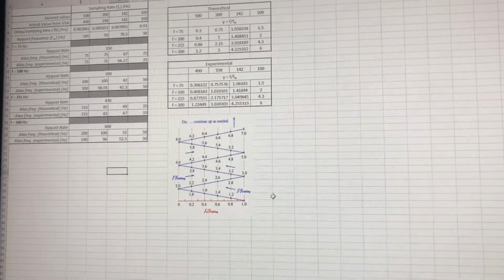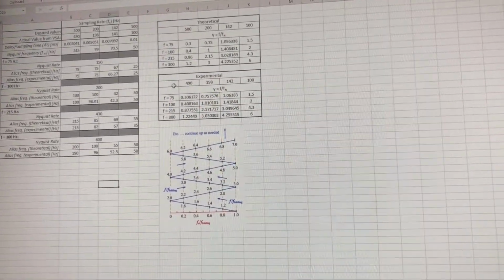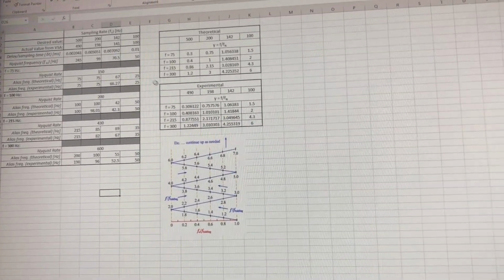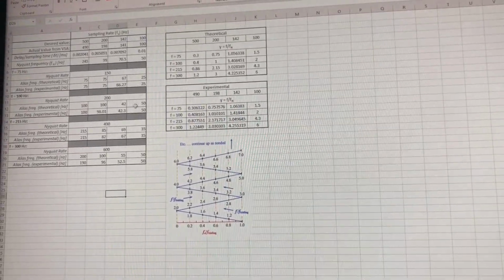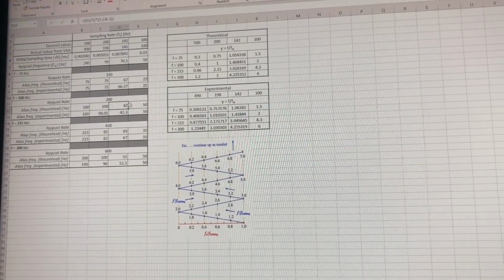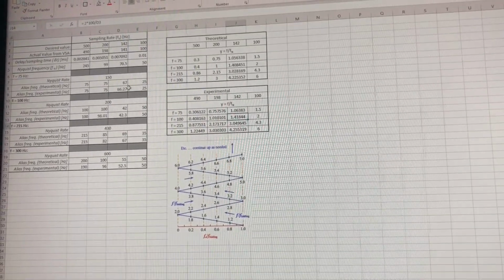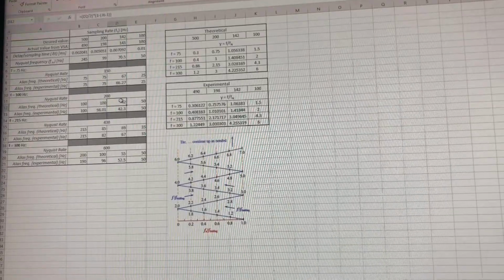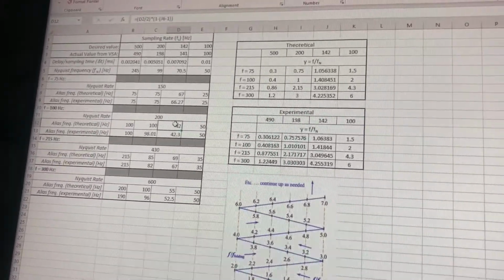For those frequencies that were aliased, I multiplied the Nyquist frequency by 1 minus the alias number minus the integer value. You can see the basic formula that I used up top.